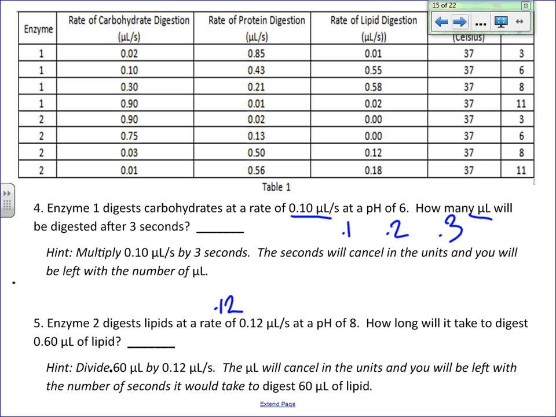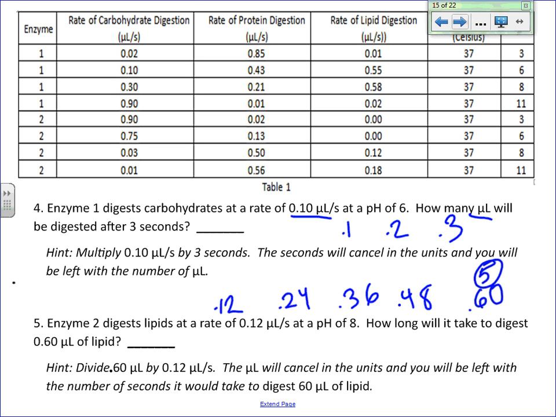After 2 seconds, 0.24. After 3 seconds, 0.36. After 5 seconds, 0.6. So how many seconds did it take to get there? 5. This is the kind of problem that you can overthink. Just because the units are weird doesn't make the question hard.